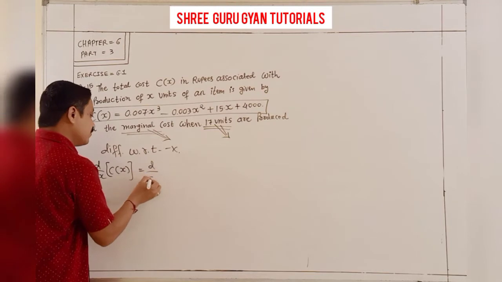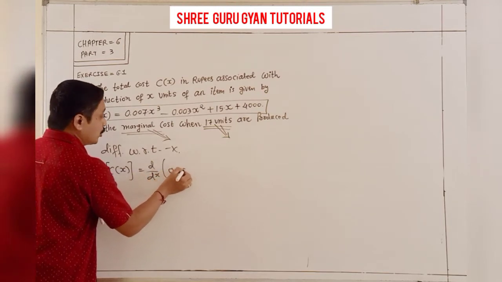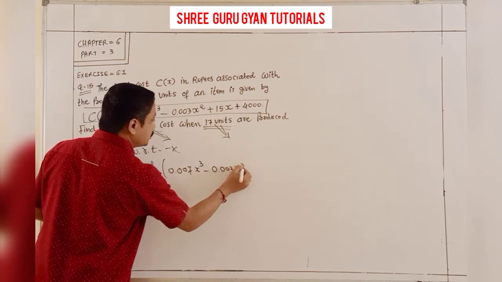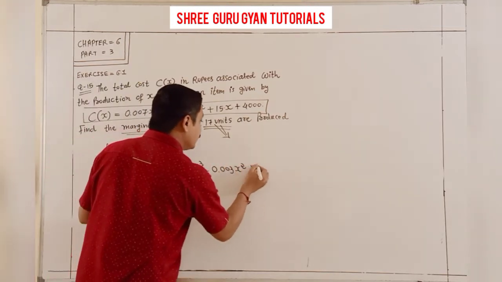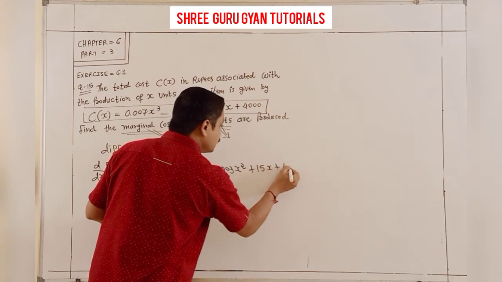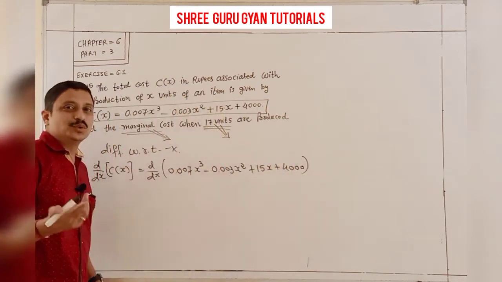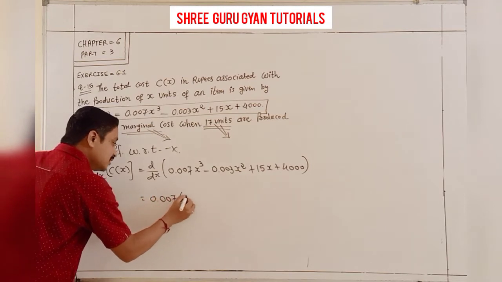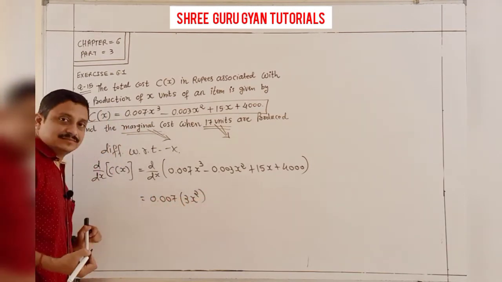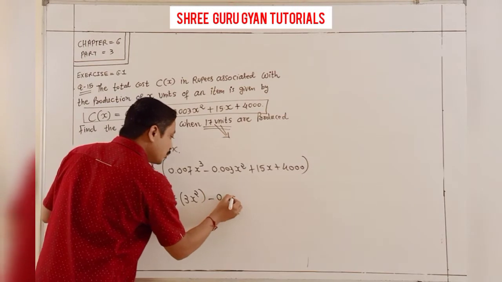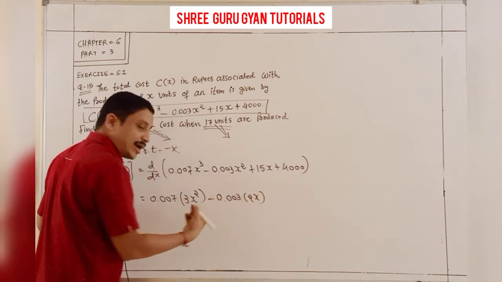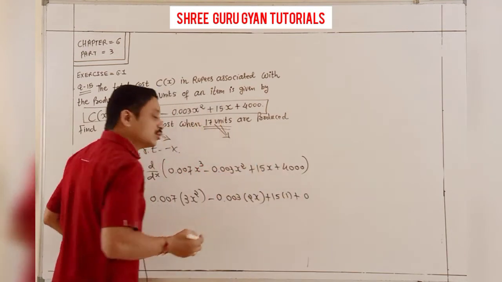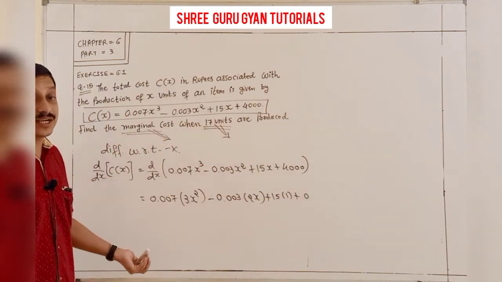Here d/dx of our whole equation: 0.007 x cubed, 0.003 x square and 15x plus 4000. You know the derivative. 0.007, this derivative is 3x square. Next, 0.003 into 2x, 15x is 1, and 4000 is 0 because it is a constant.